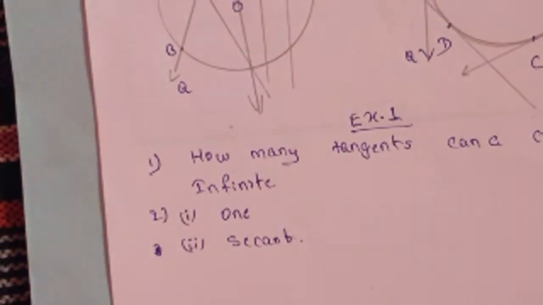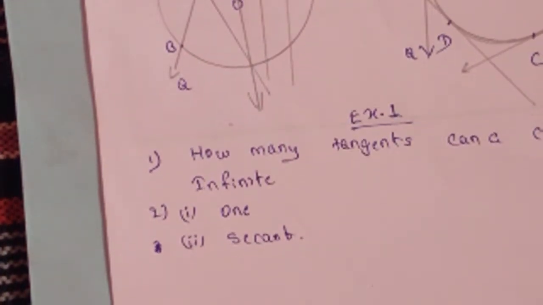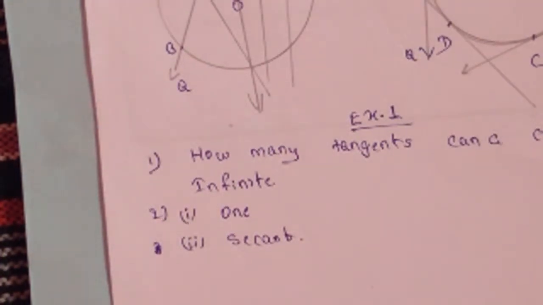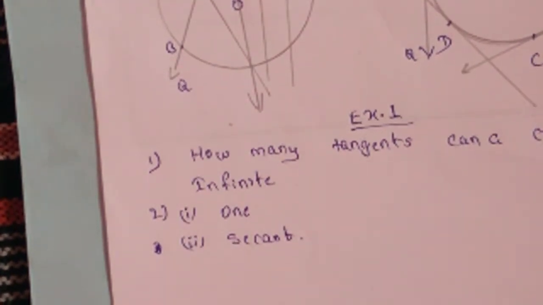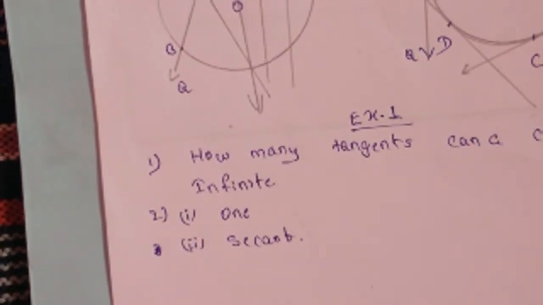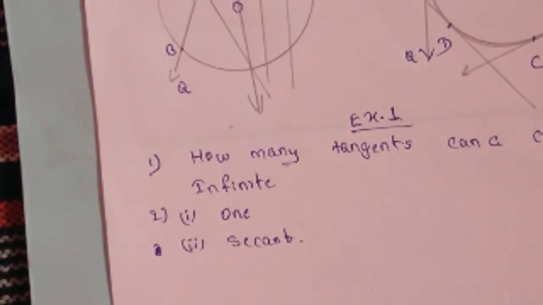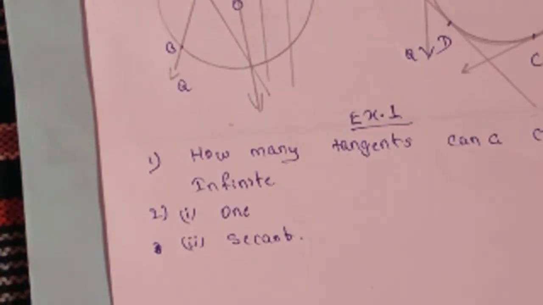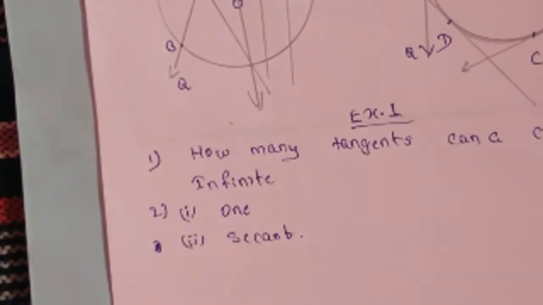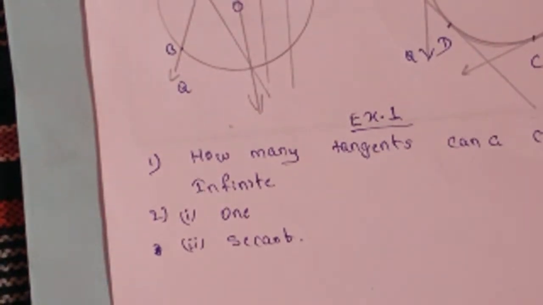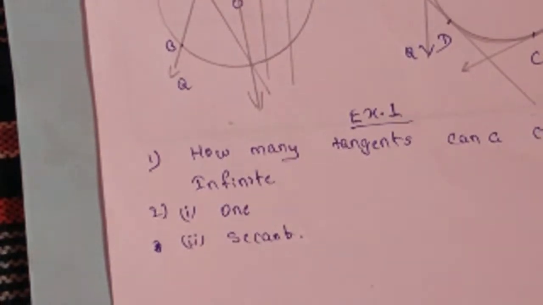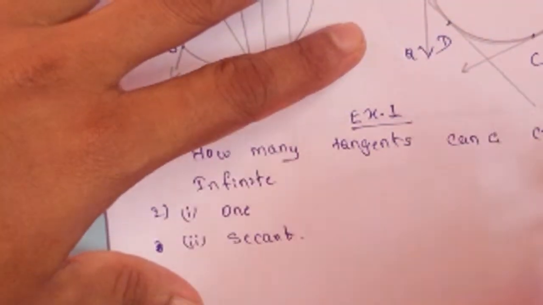Then the third question, a circle can have dash parallel tangent at the most. How many parallel tangents we can draw to a circle? Infinite, some are giving 2. Here I will draw one small circle.